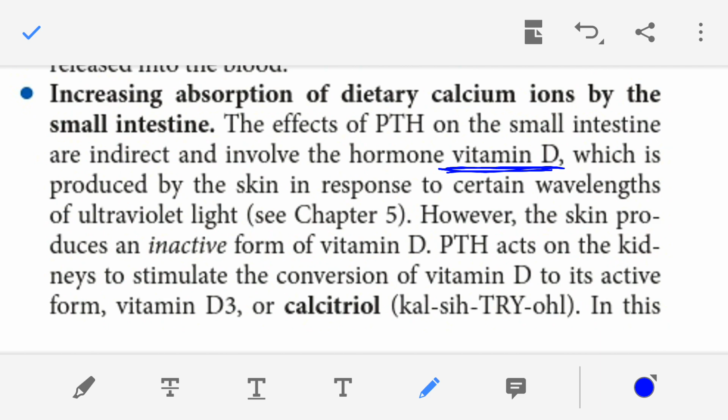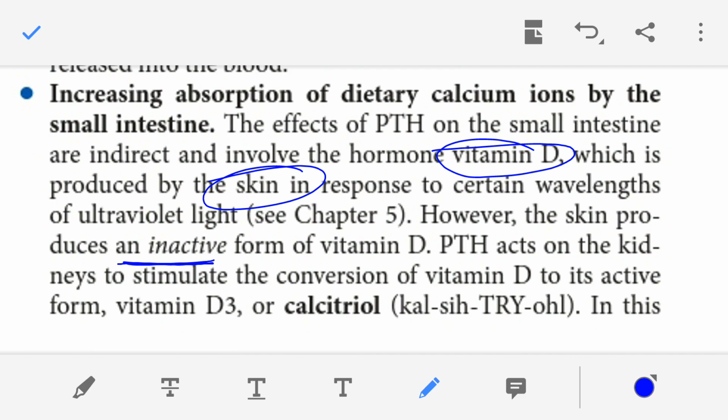One source is from our food, and the second source, vitamin D is synthesized in the skin. So in the skin cell, under certain wavelength of ultraviolet light, vitamin D is synthesized. However, the vitamin D which is synthesized in the skin is in inactive form.